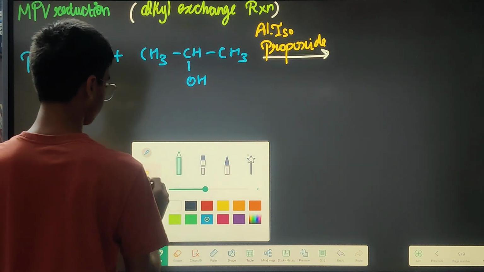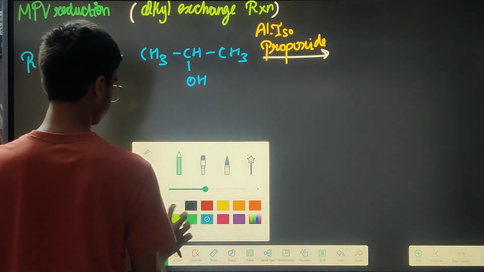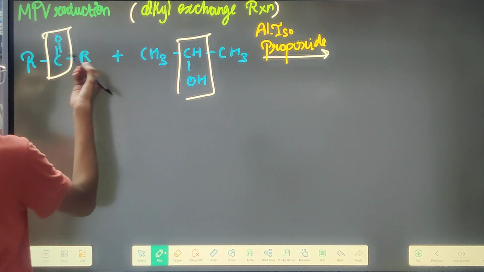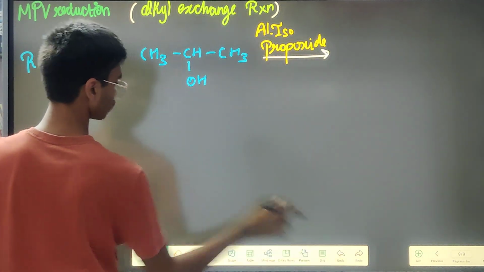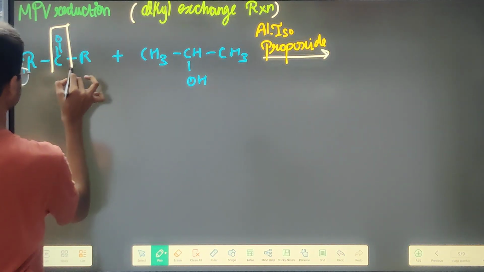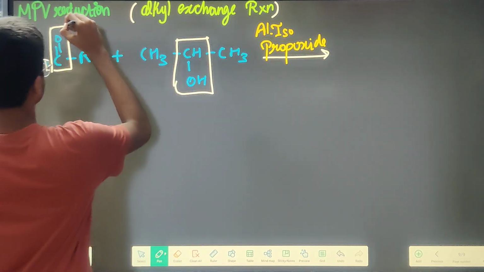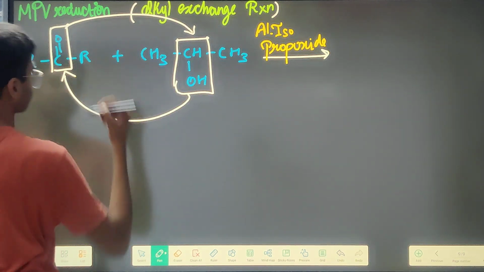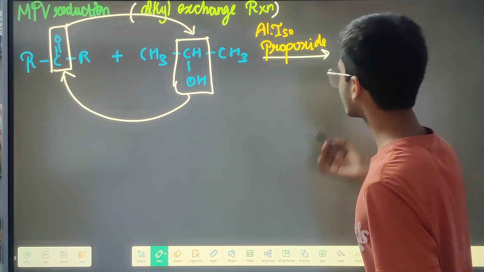Then you will be having just this part exchanged by this part, like there is just an exchange. Specifically this part, then this part is being exchanged by this part. So that means what?